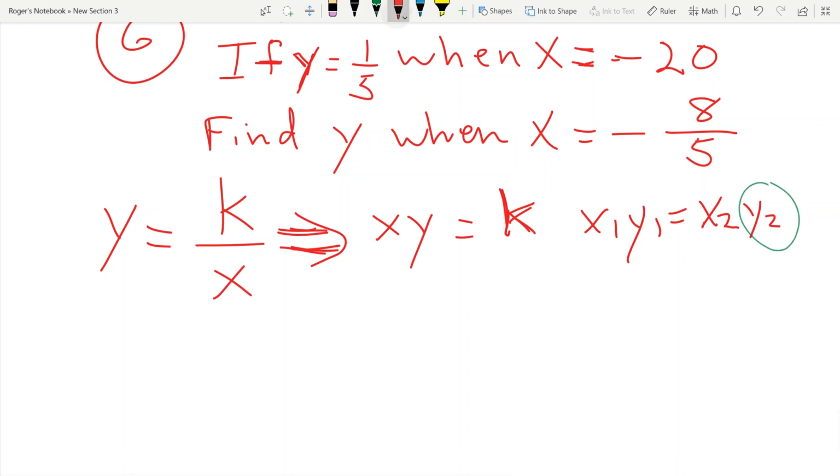Here's what we get: y2 is going to be equal to x1 y1 divided by x2.